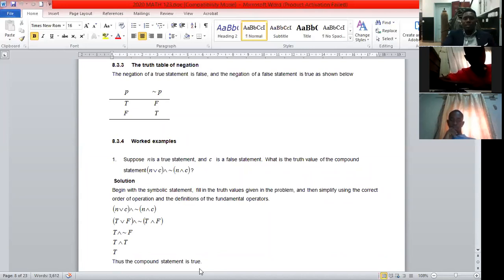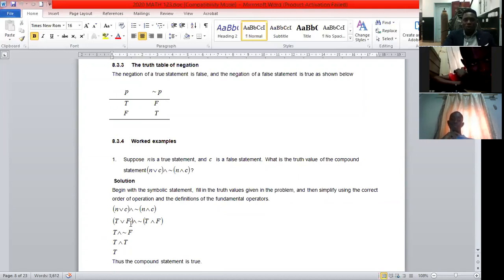So in the question, they said N is what? N is true. So where I see N, I will replace N with T, denoting true. And C is false. Where I see C, I'll denote C with F.